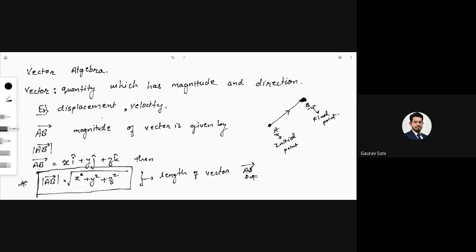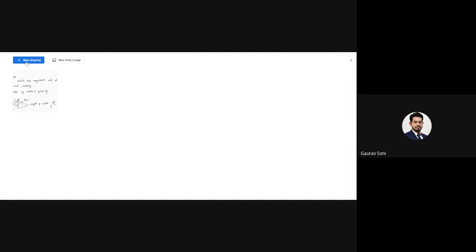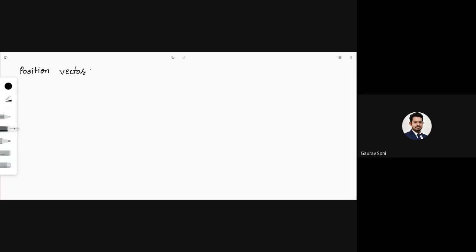Fine. I'll go to the next page. The new definition. Position vector. So what do we mean by a position vector?